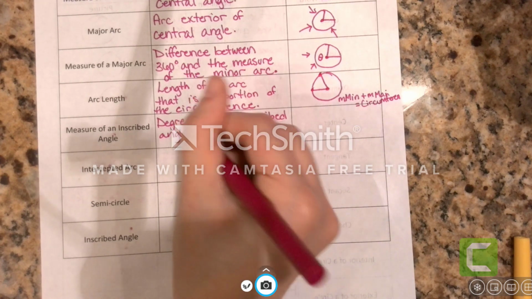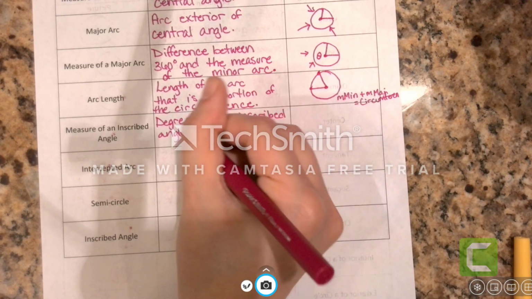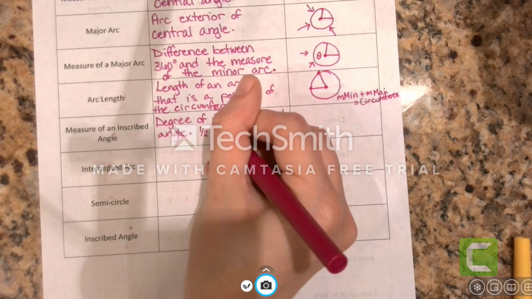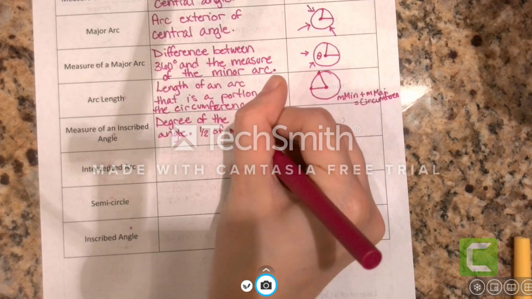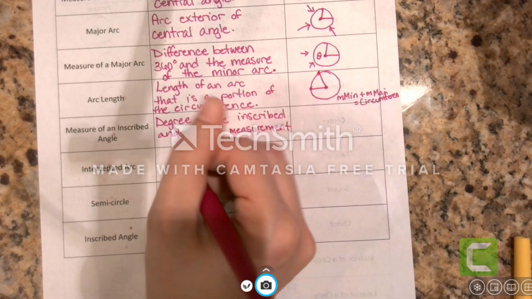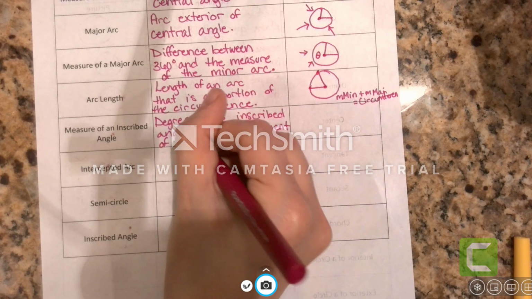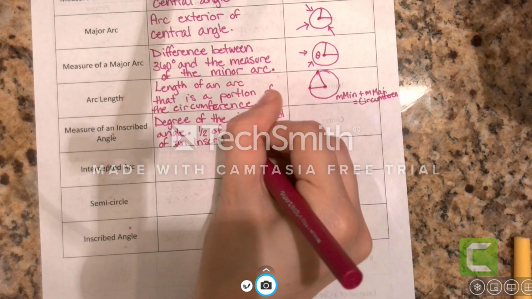The important part here is that the measurement of an inscribed angle is half of the measurement of an inscribed arc.